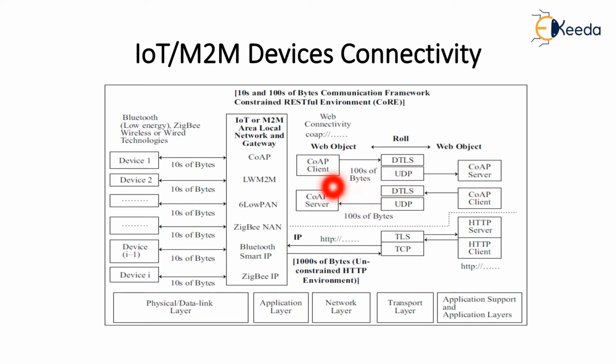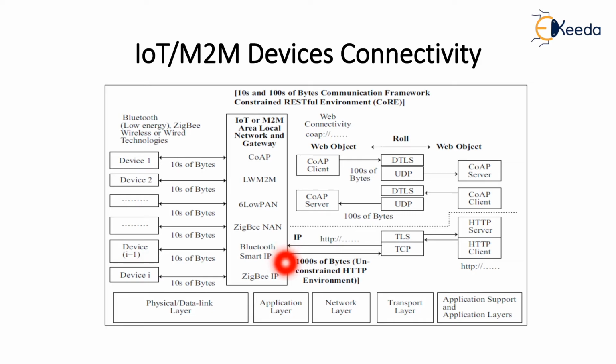Here the data which is requested can be passed through the protocol to the server, and a response will be received from the server to the client. So here the IP protocol, internet protocol, uses TCP as the data transfer communication protocol, and then HTTP server and HTTP client.